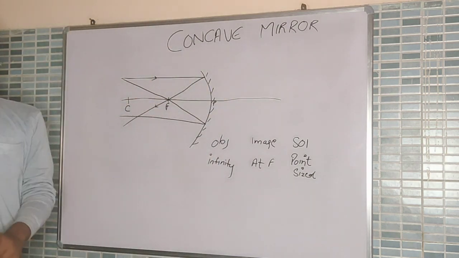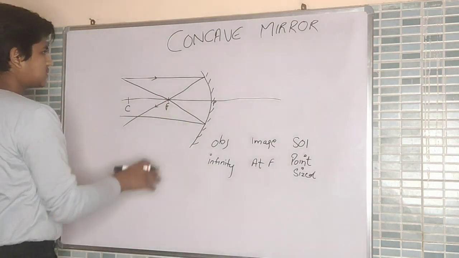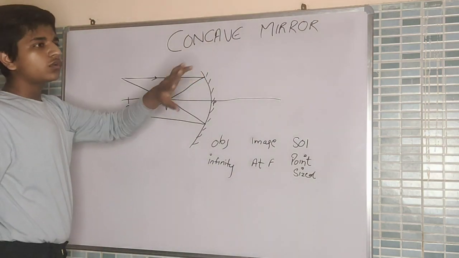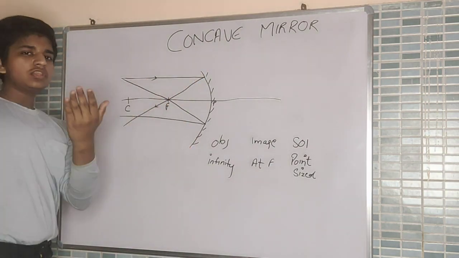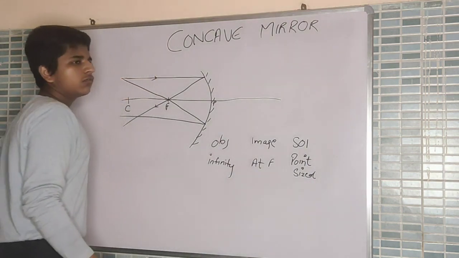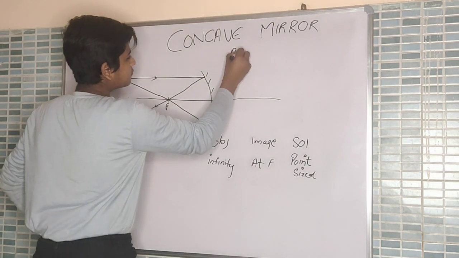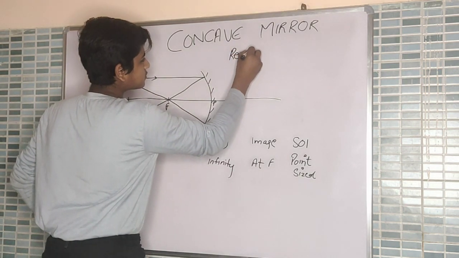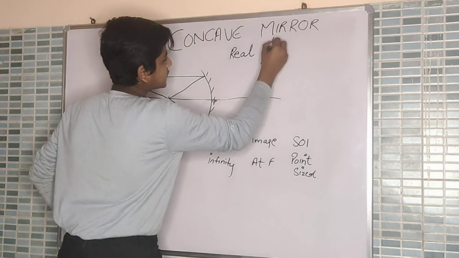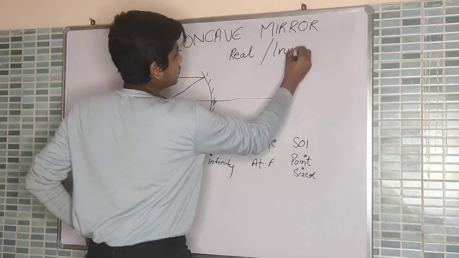Nature of image. There is a new thing: what is the nature of image? As I told you, concave mirror always forms the image in front of the mirror. So every image formed in front of the mirror will be real and inverted.